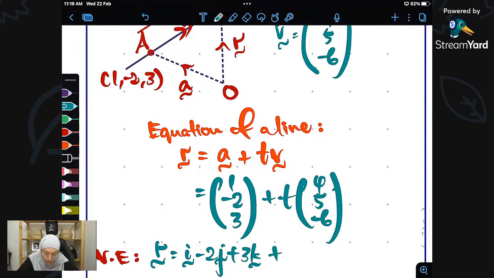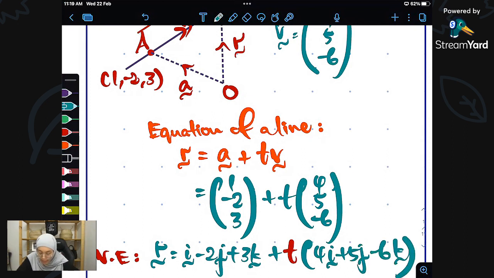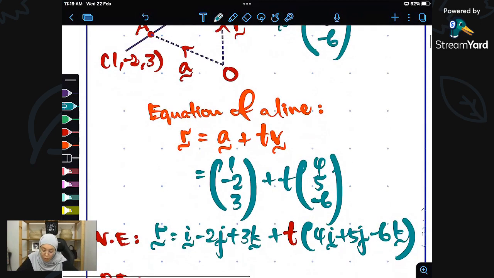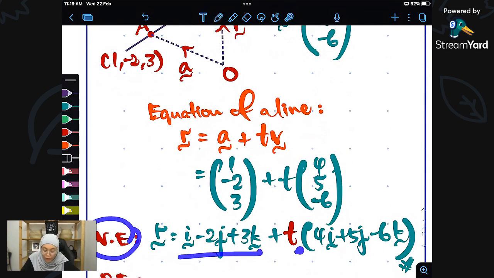T tu saya pakai warna merah lah supaya you all nampak bahawa dia sangat penting untuk letak constant T times with 4I plus 5J and then minus 6K. Yep, that is our vector equation. Vector equation mesti ditulis dalam bentuk IJK sebagai conclusion lah.